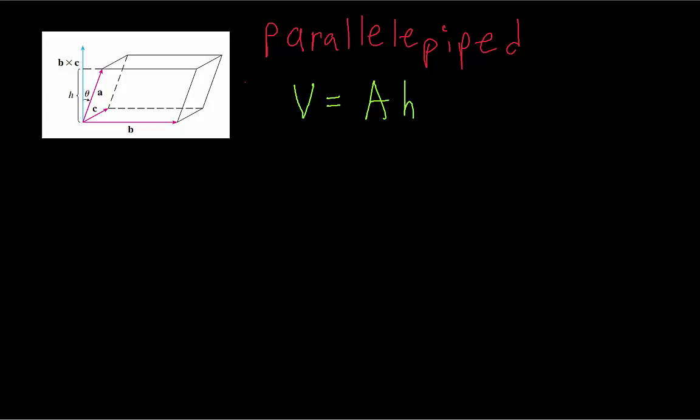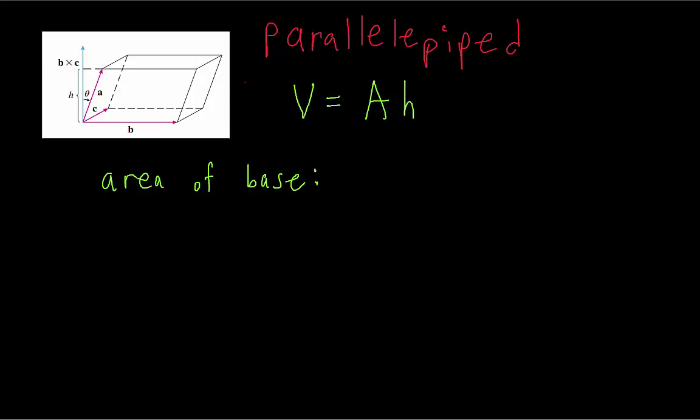So the volume of this shape is going to be the area of the base times its height. And well, we just learned that if we take the magnitude of the cross product of two vectors, it gives us the area of the parallelogram that they form.